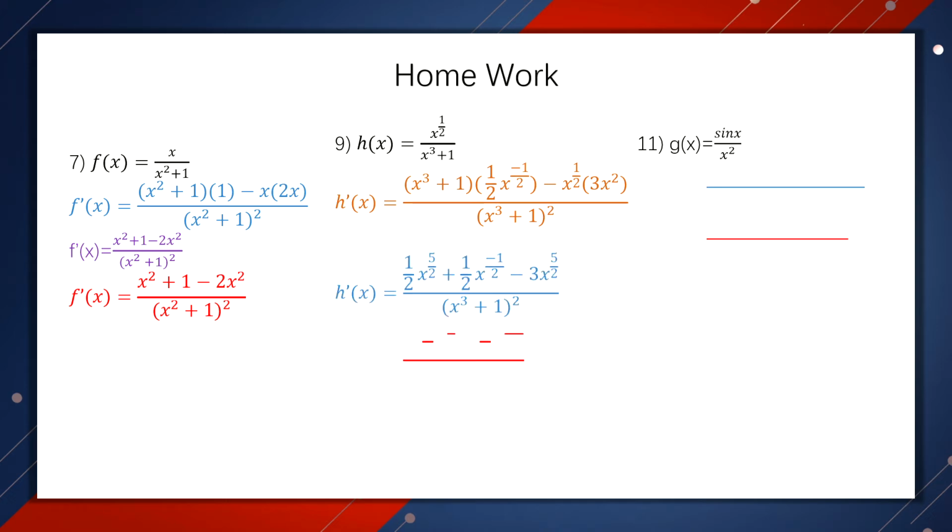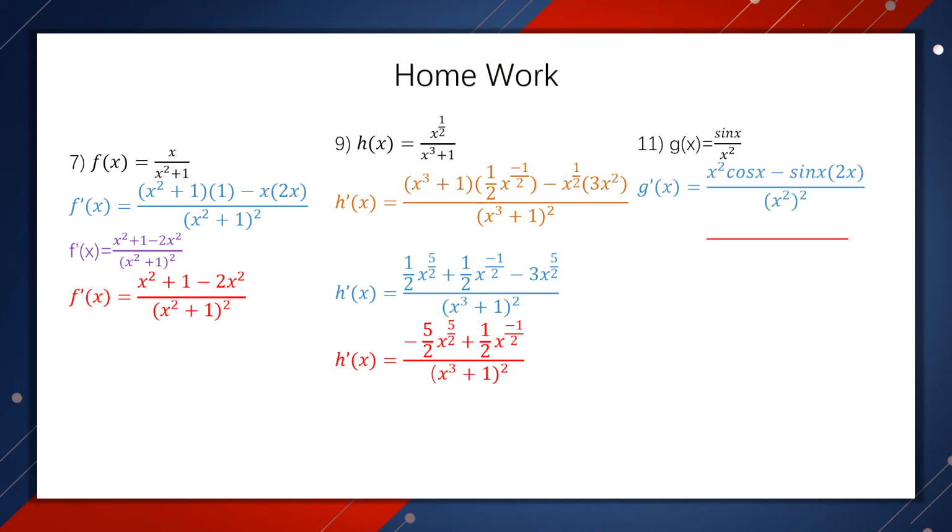So in the next step, h of x equal to 1 over 2 times x to the 5 over 2 plus 1 over 2 times x to the negative 1 over 2, and minus 3x to the 5 over 2, over the x cube plus 1 square, and simplify it. It becomes our final answer.